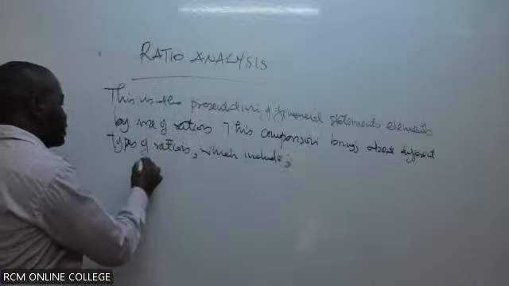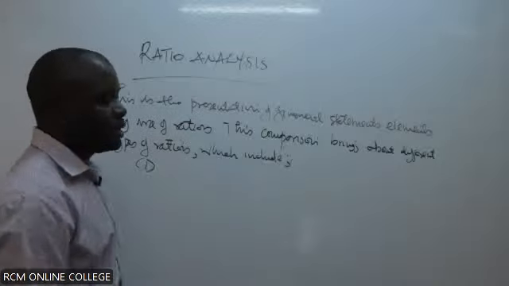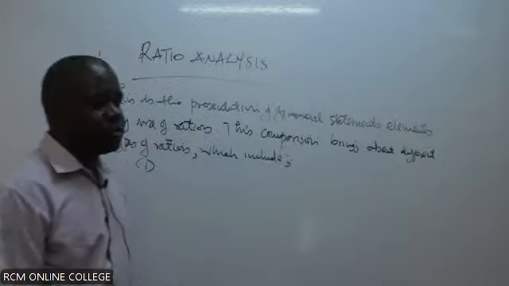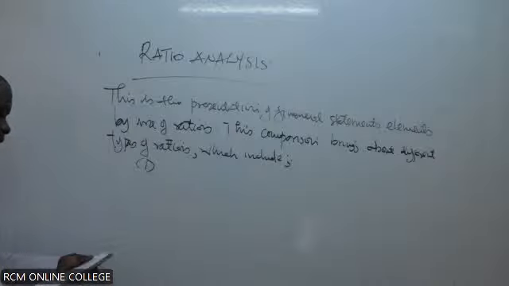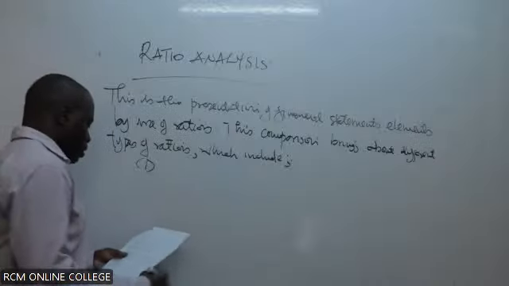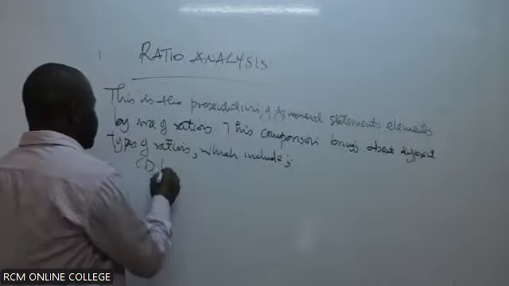You can list them here, the types of ratios. These types of ratios will likely include profitability ratios.